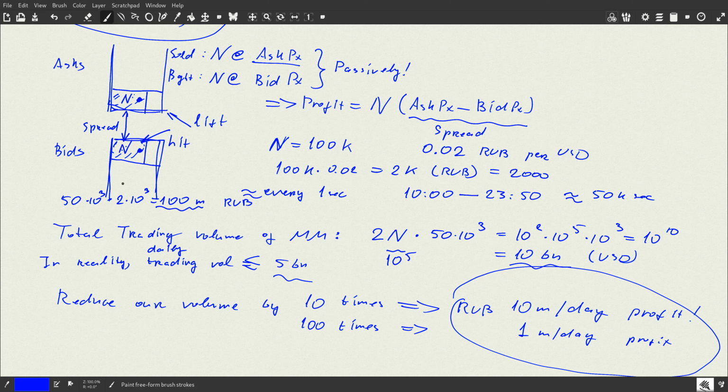A very, very important assumption, you see, please have a look here. We placed an order on the ask side, we placed an order on the bid side, and then we assume that both of them are filled by these two aggressors in a very short period of time. So one order is lifted, another order is hit, right? But this might not be the case.